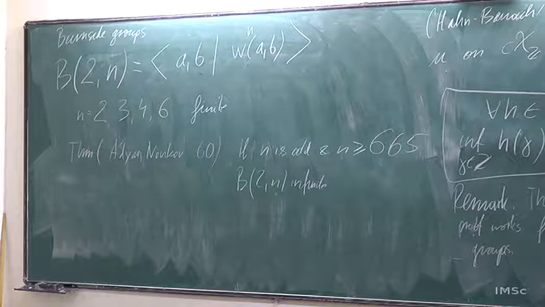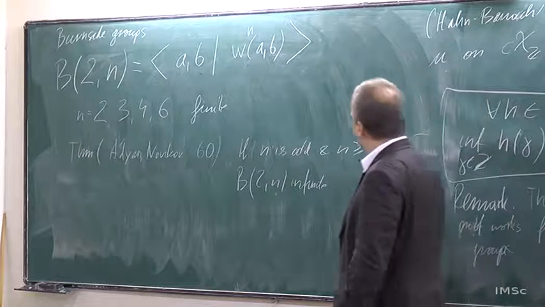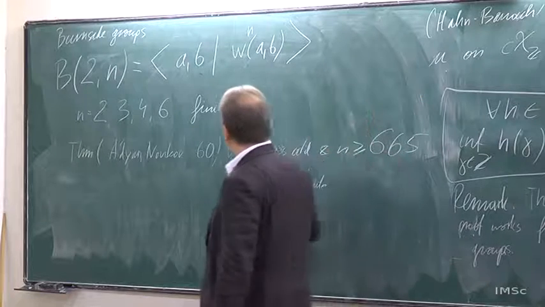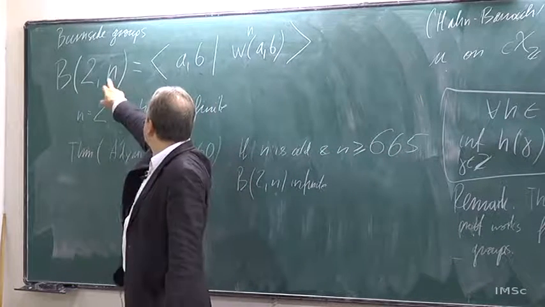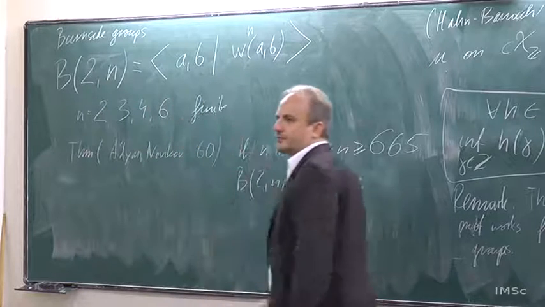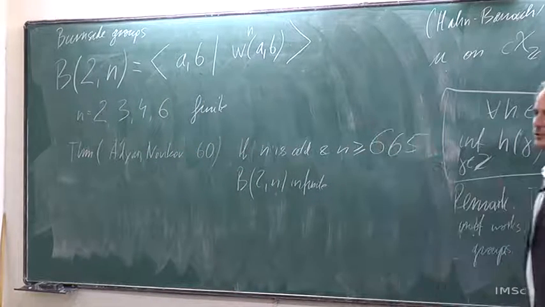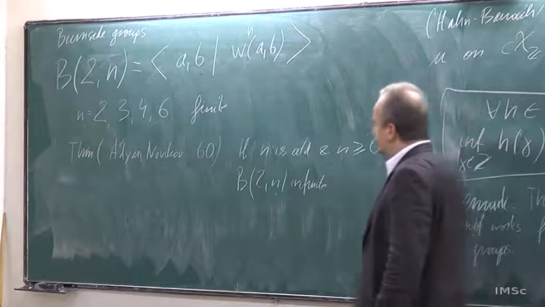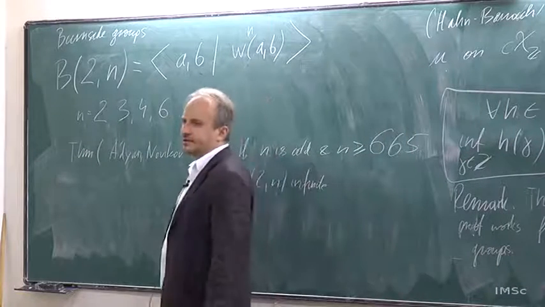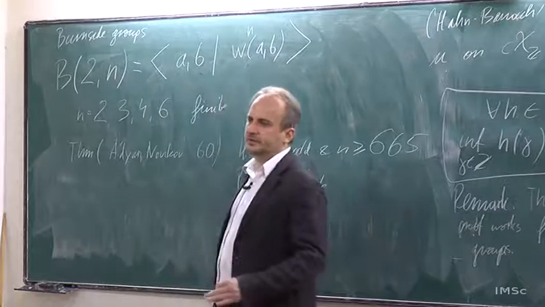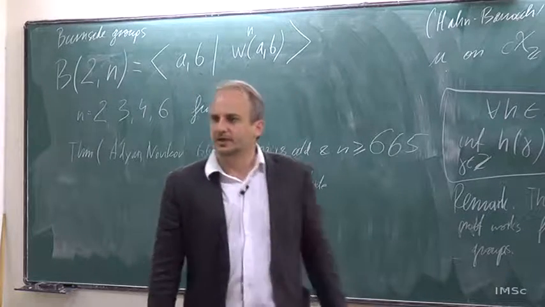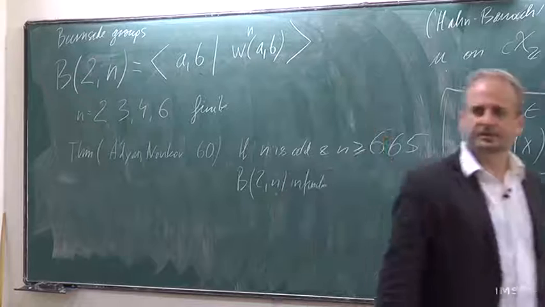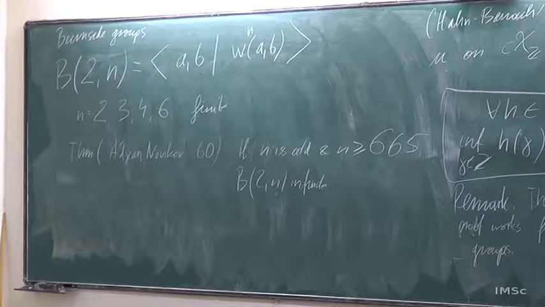Okay, so for n equal to 665, it's an example of a non-amenable group which doesn't contain F2. And historically, the first examples of non-amenable groups which do not contain F2 were obtained by Olshansky in the 80s.